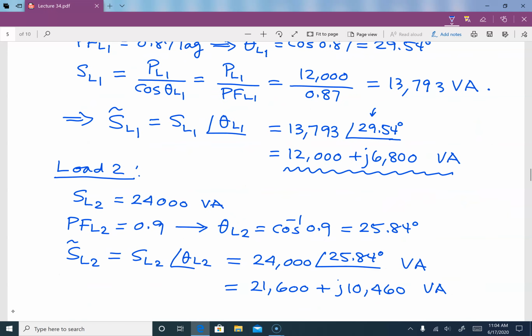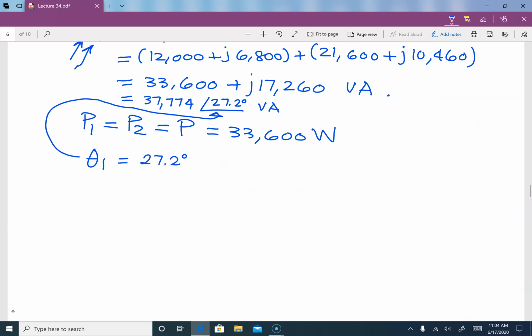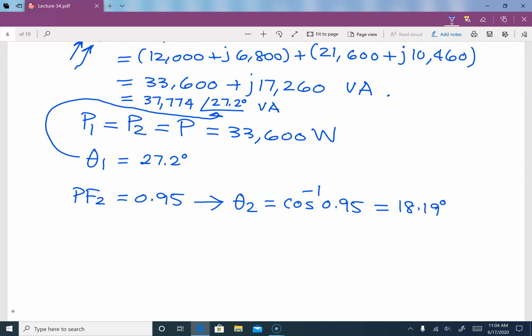This is the desired one. So we can say PF2 is equal to 0.95, which means our theta 2 is the inverse of cosine of 0.95, and that is equal to 18.19 degrees.